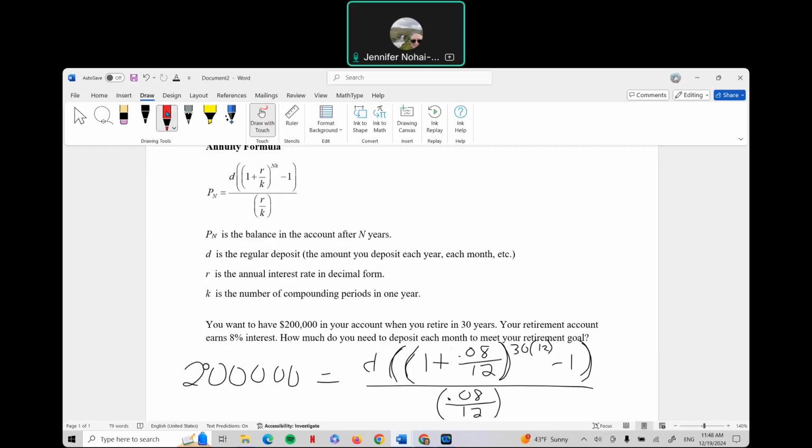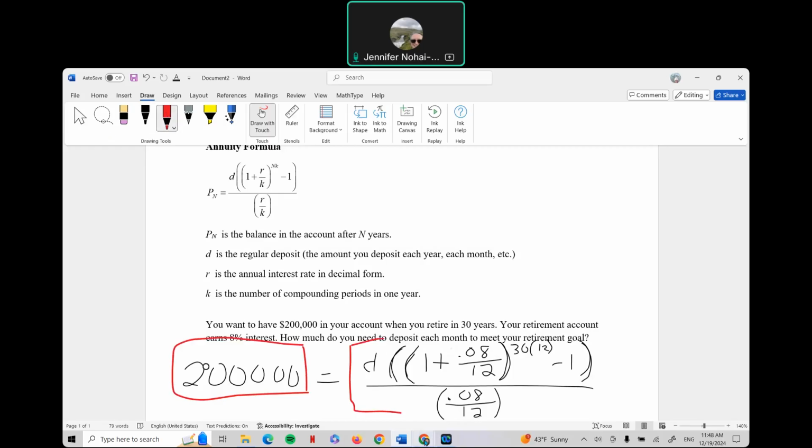So what we want to do is put the left-hand side of our equation in a y equals, and separately put our right-hand side of the equation in a y equals, and then we're going to find out where they intersect. So that's our goal for Desmos on here.